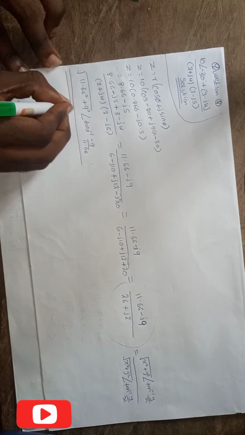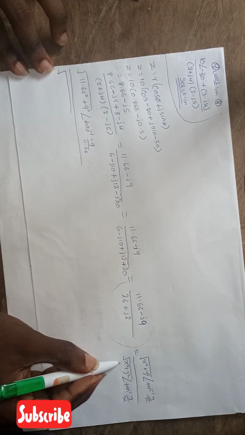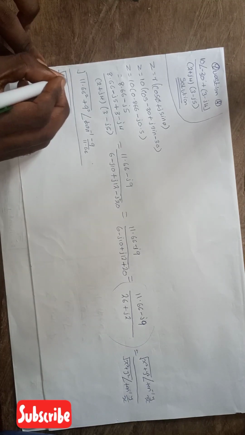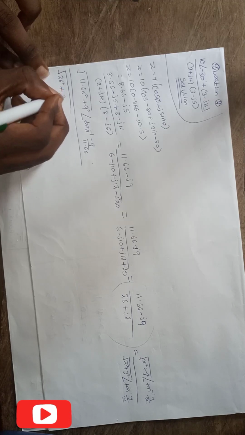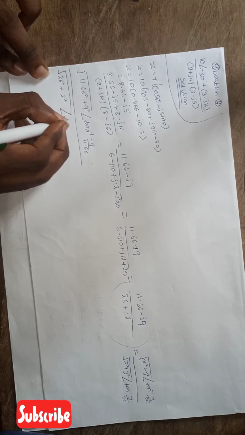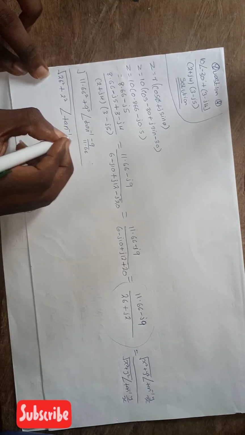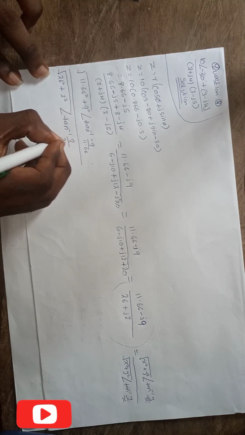For the second one, our x is 26 squared plus 2 squared, and the angle is tan inverse of 2 over 26.